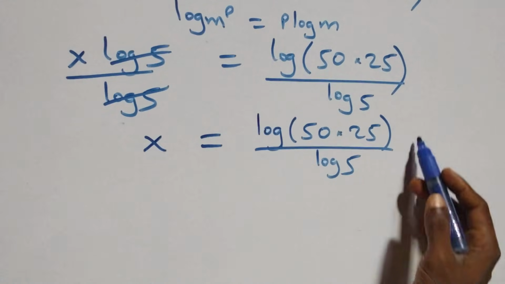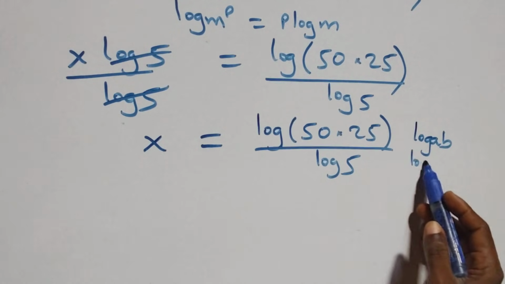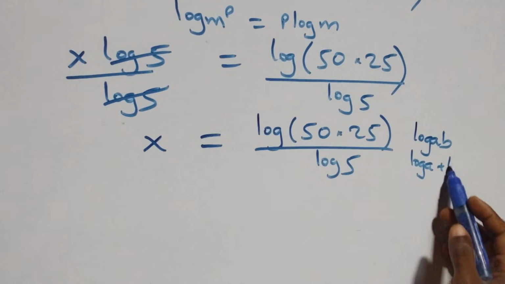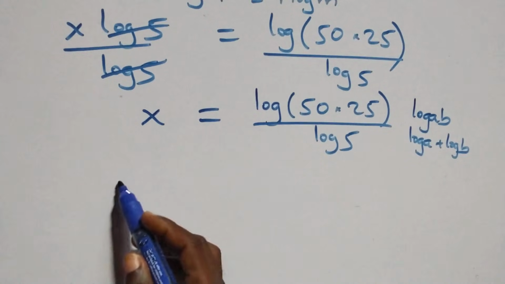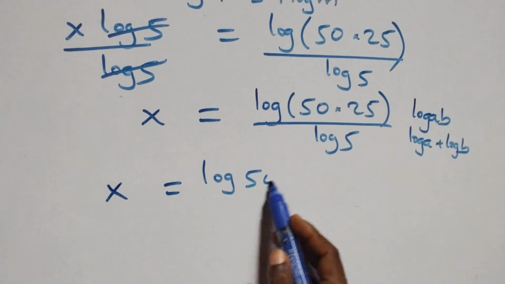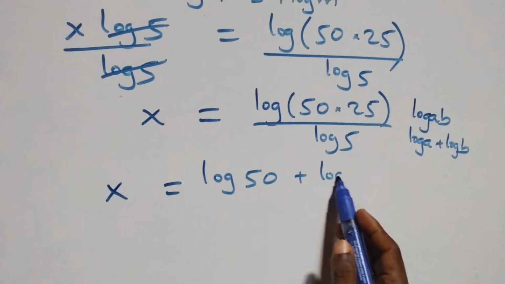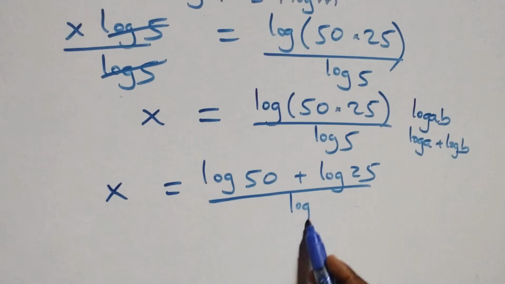That is here. This follows the law of logarithm. When we have log a times b, this is the same thing as log a plus log b. Then here we have x equals log 50 plus log 25 over log 5.